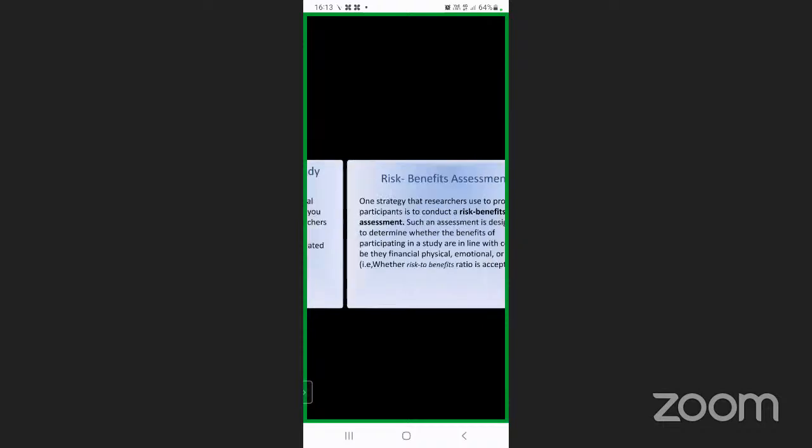Here in the risk-benefit assessment, we have to describe the benefits and the risks. Such an assessment is designed to determine whether the benefits of participating in a study are in line with the costs, whether financial, physical, emotional, or social, and whether the risk-to-benefit ratio is acceptable.